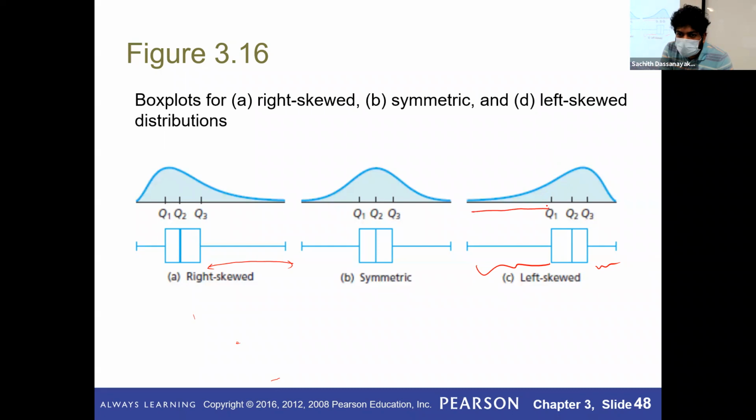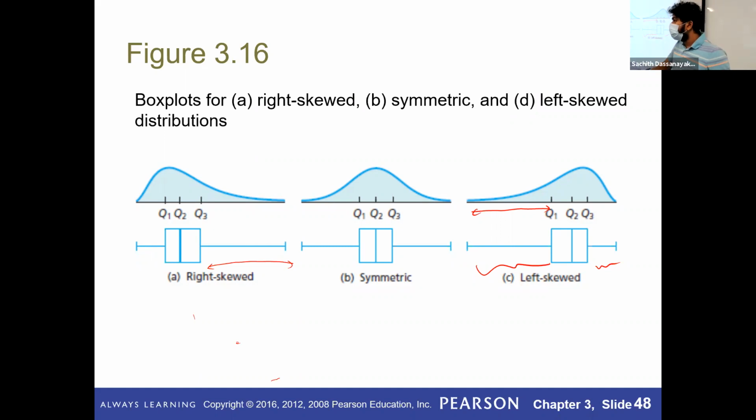So it is left skew. Clear? You don't need to do the calculation; just by checking this box plot, you should be able to say whether this is a symmetric or skewed distribution.